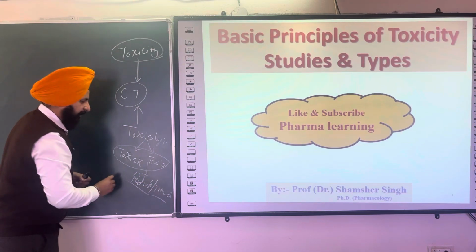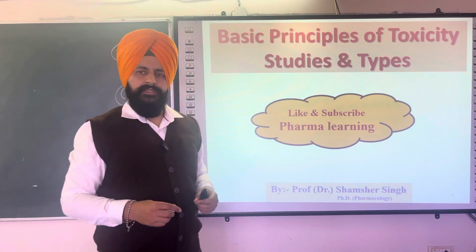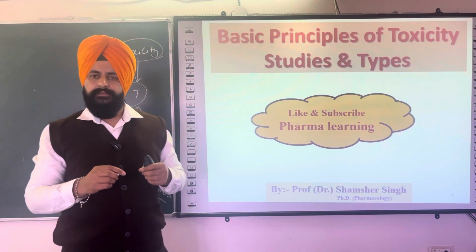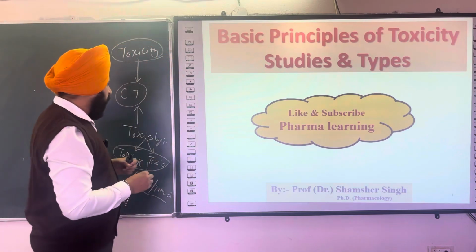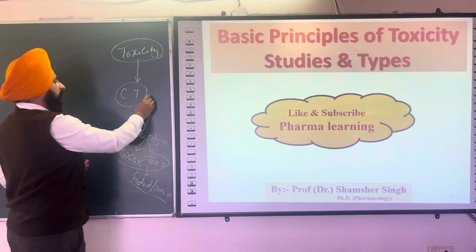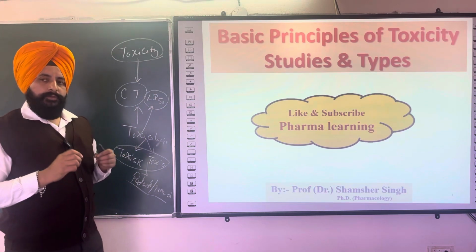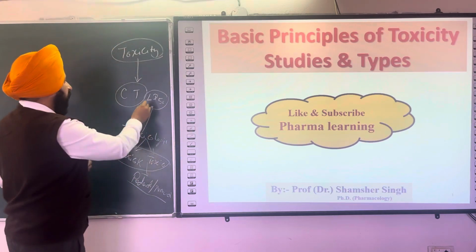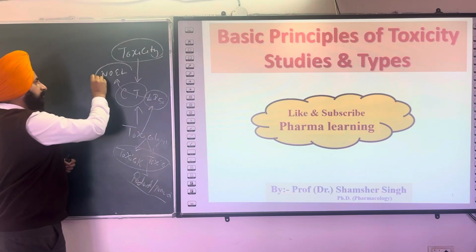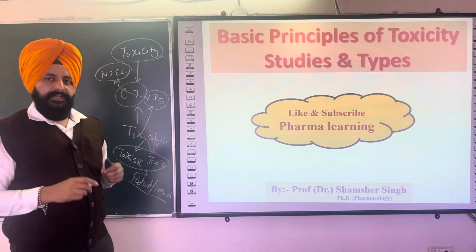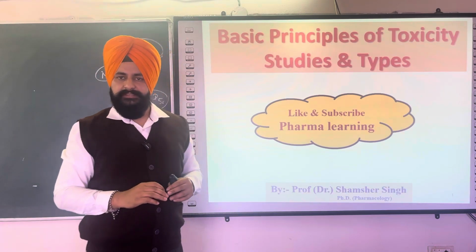In the previous lectures, I have explained why we consider both rodents as well as non-rodents for toxicity studies, because our aim is to find out the LD50 value, that is the lethal dose, and the dose with no observed effect level, NOEL. So we always go for two types of dose analysis.